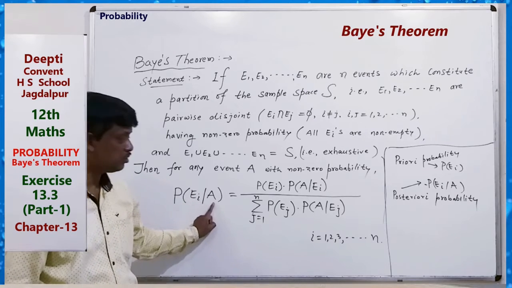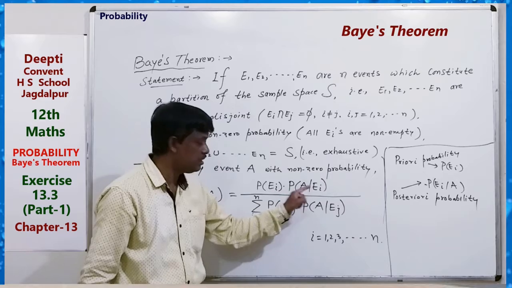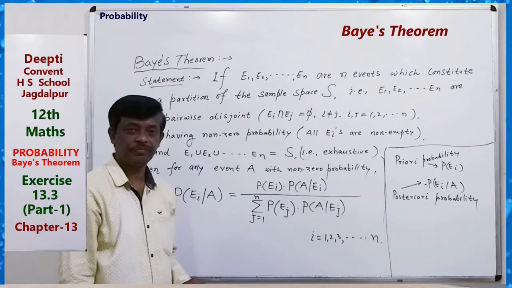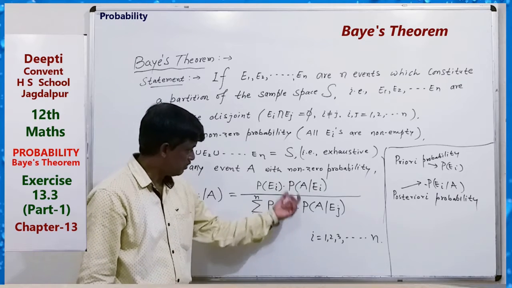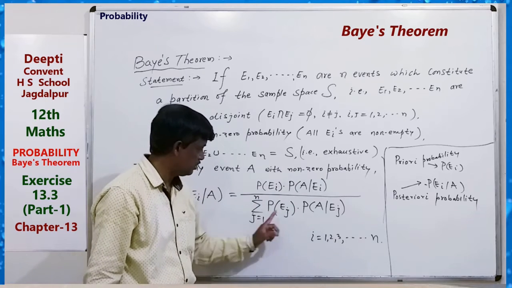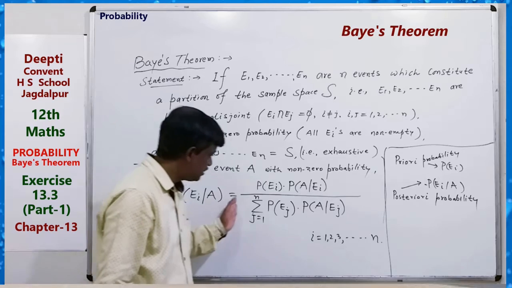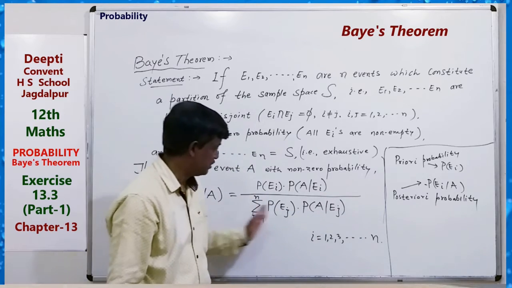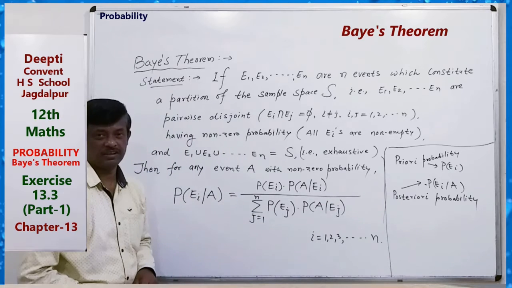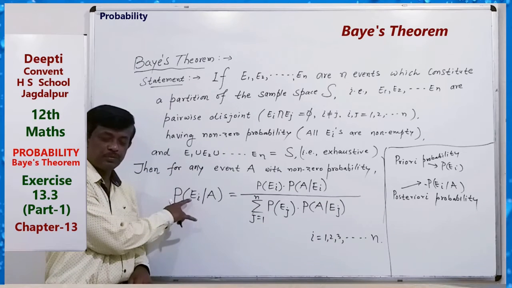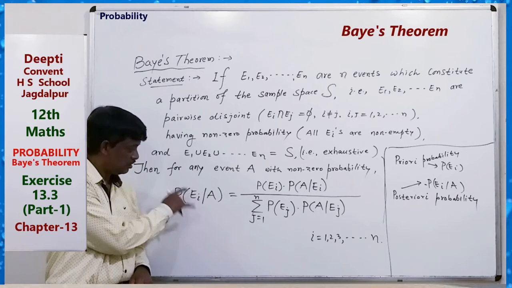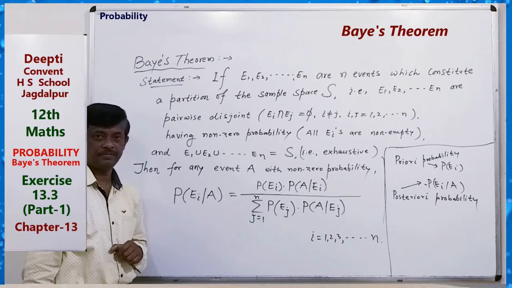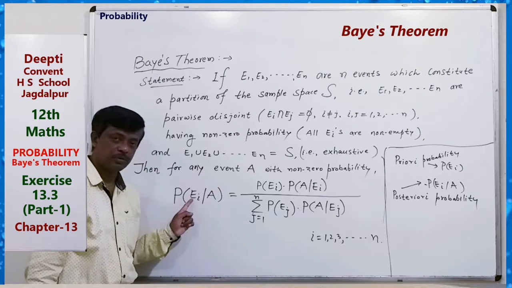P(Ei by A) is equal to P(Ei) into P(A by Ei) upon the sum over j equals 1 to n, which is the total probability. So this is the formula: the posteriori probability of the hypothesis Ei. This is the priori probability.